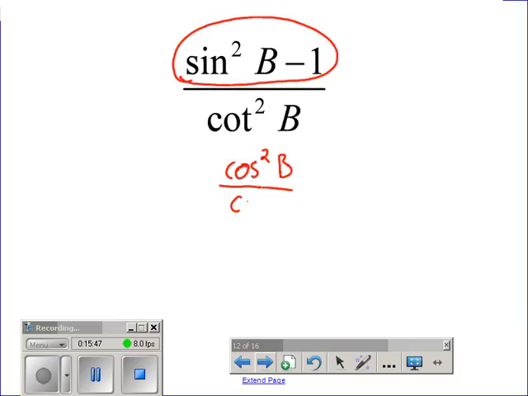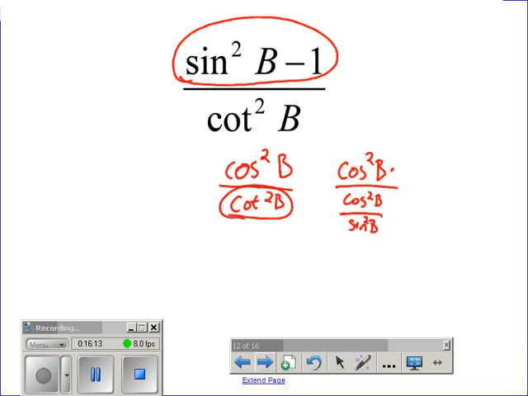Then we're going to divide this by cotangent squared b. When I do that, I need to change this bottom piece into sines and cosines. So I'm going to have cosine squared b divided by cosine squared b over sine squared b.